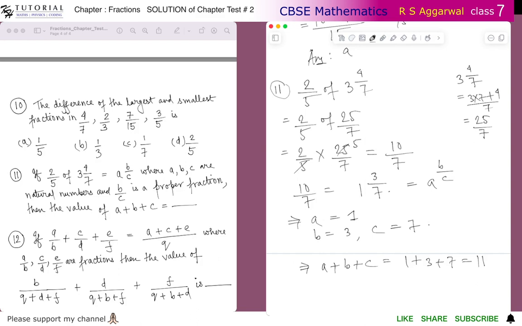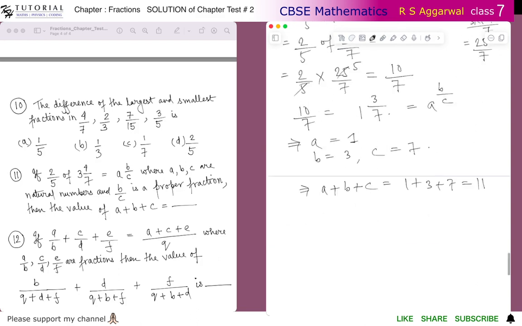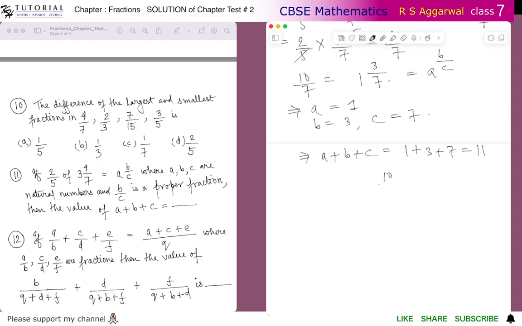Because 10 by 7 could have an equivalent fraction, one of which could be 20 by 14 if you multiply both the numerator and the denominator by 2.